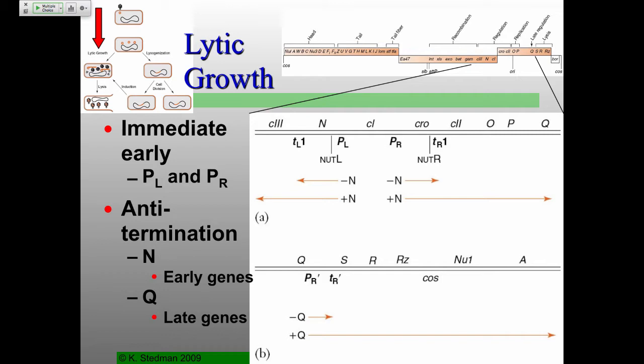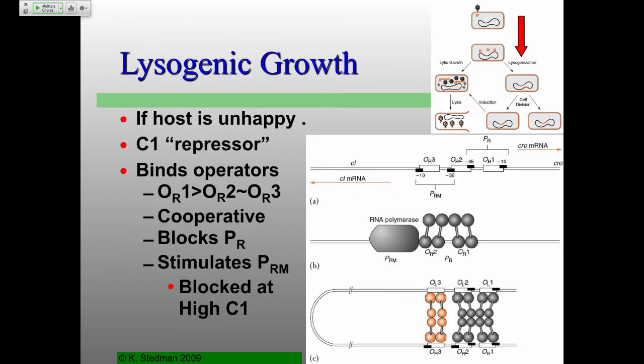Another quick thing to take a look at here is that we are also expressing, even in the absence of N, lots of CRO. On the other hand, in lysogenic growth, we're expressing lots of our friend C1, also known as the lambda repressor. As soon as you express C1, you shut down expression of PR.